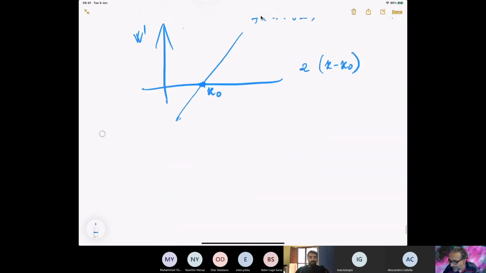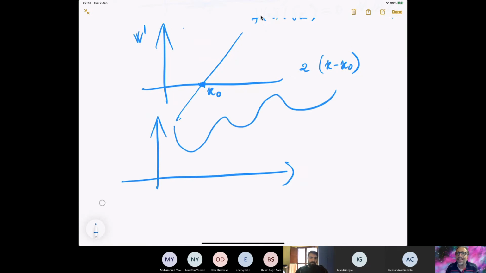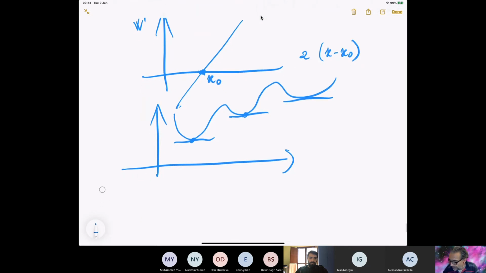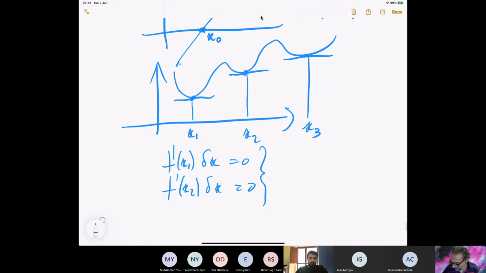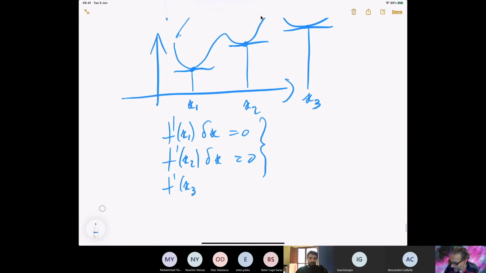Okay, but you can have this function, and the derivative is 0 here, 0 here, and 0 there. And in x1, x2, and x3, the three minima, you have that f prime of x1 delta x is 0, f prime of x2 delta x is 0, and f prime of x3 delta x is equal to 0 for every delta x.